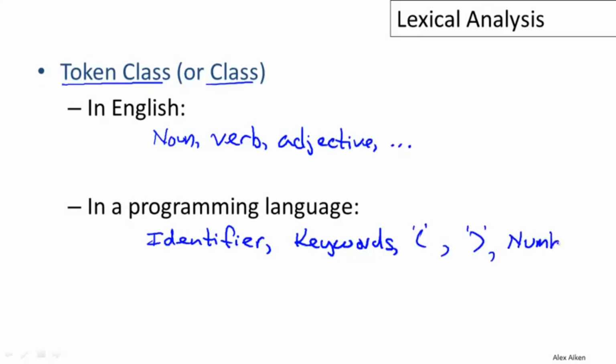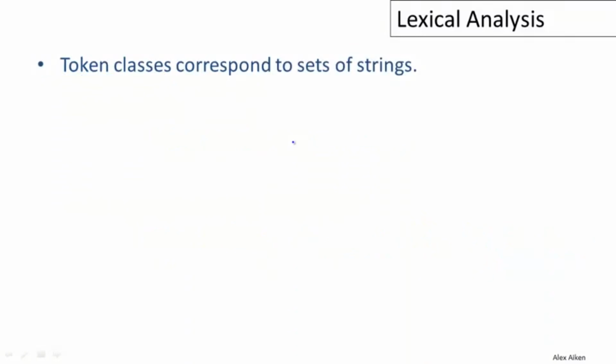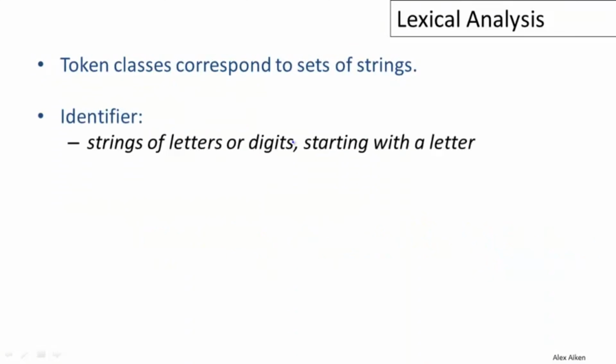Numbers. And again, there are more classes, but there's a fixed set of classes, and each one of these corresponds to some set of strings that could appear in a program. So token classes correspond to sets of strings, and these sets of strings can be described relatively straightforwardly.